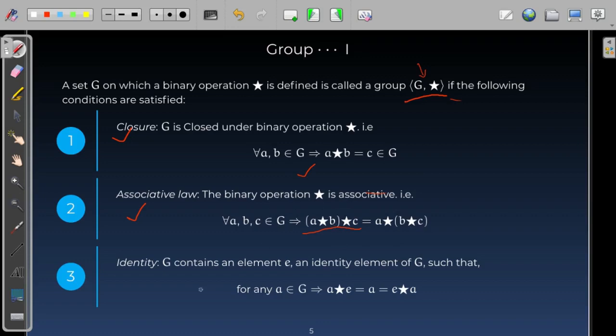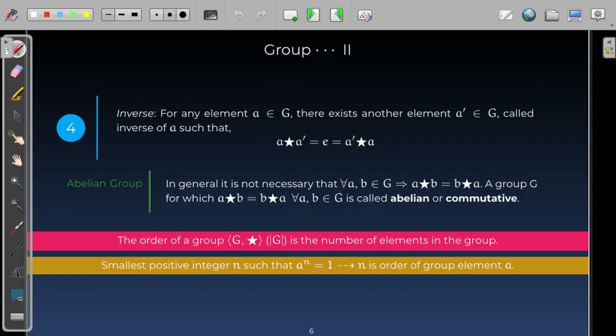Now the third one is identity. G contains an element E, an identity element of G, such that for any A element of G, A star E is equal to E star A, and that is equal to A. So the identity element doesn't change the element. Now the fourth axiom is inverse.